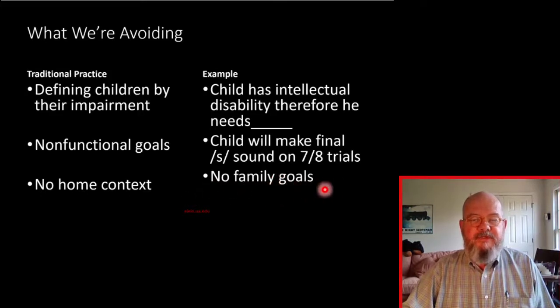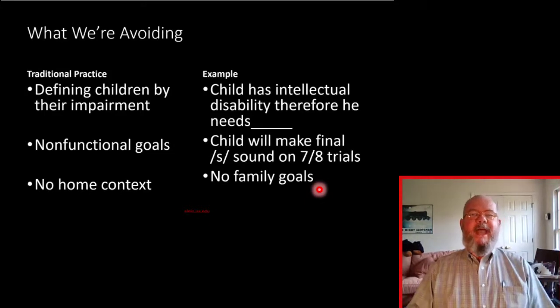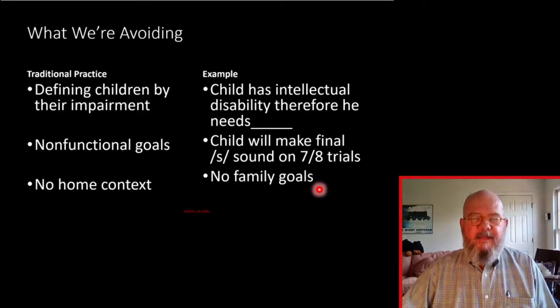And in fact, in the United States, for example, for children ages 3 to 21 who have individualized education programs, we do not have family goals at all, as though the children had no parents, as though the 3 to 5-year-olds especially had no needs for home routines or for their caregivers. So this is not a problem that just exists in Europe and other places. It also exists in the United States, and we're desperately trying to advocate for change in this area.